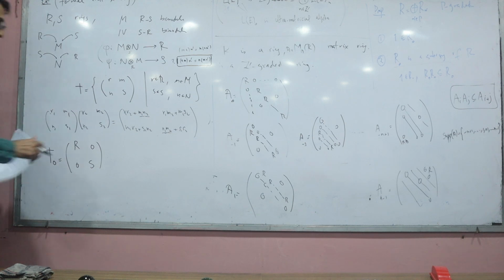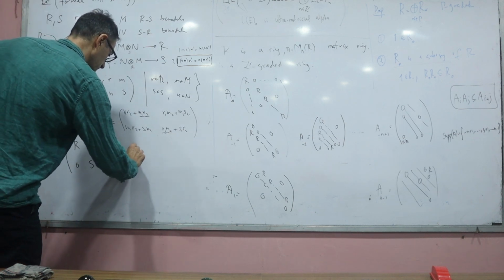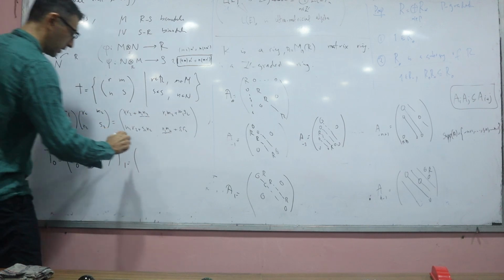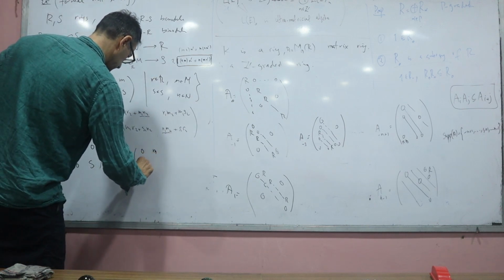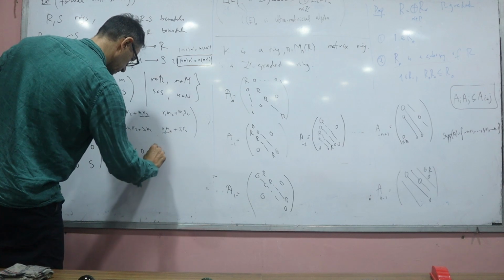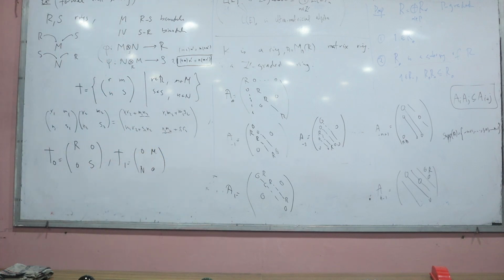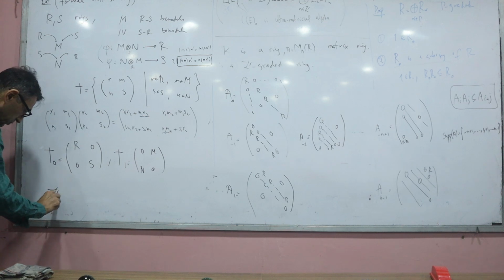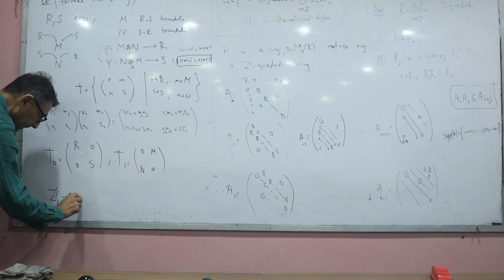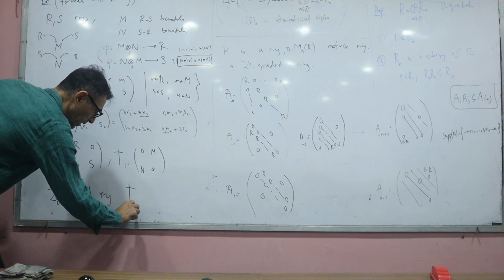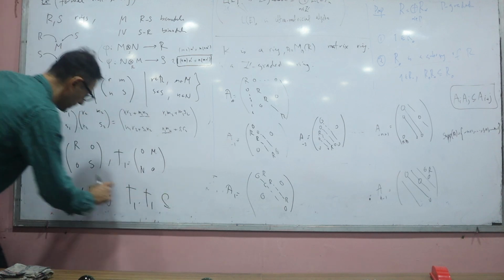And T1, I put the other bit, because if I add them, I have to get the whole T. So I put 0 and Cn. So of course, T is the sum of this in a unique way, and this is a Z2 graded ring. I.e., you have to check that T1 times T1, you end up here.